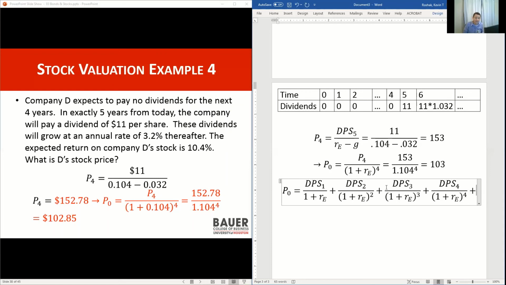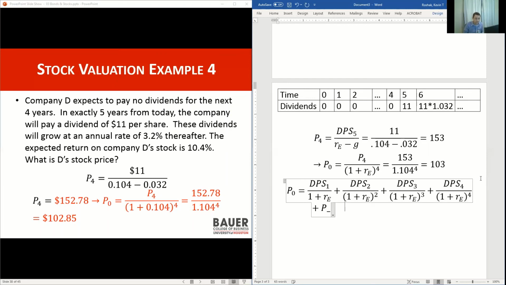And then finally, the dividends at time 5, 6, 7, 8 through infinity, those are all summarized by the price at time 4. Okay, so what we can do is put that into the present value calculation. So this would be the more general answer.